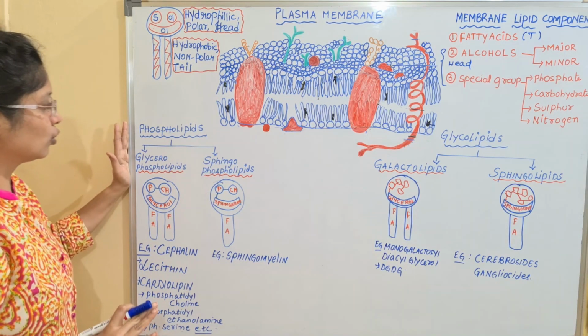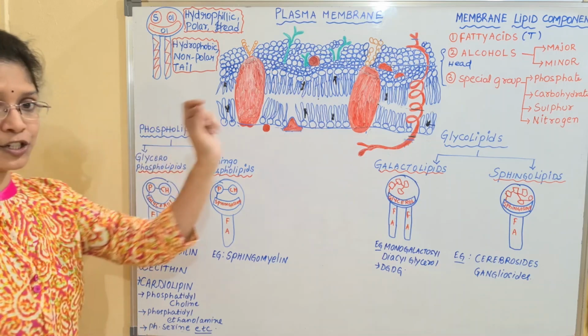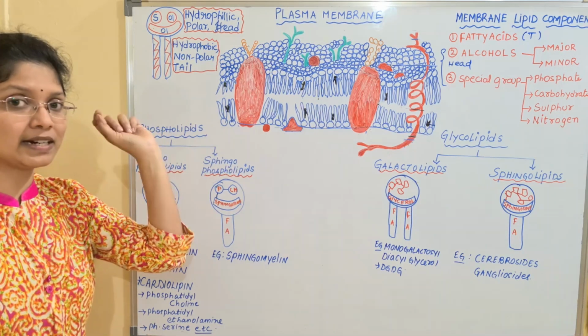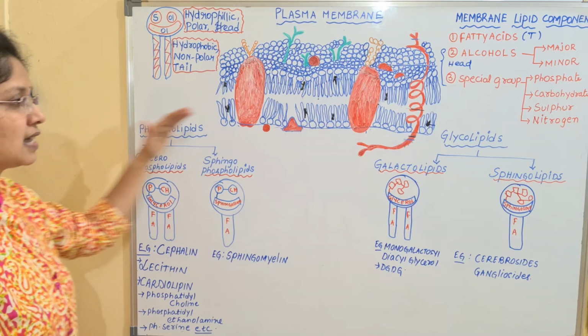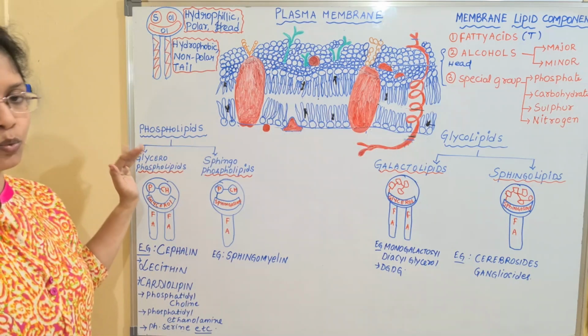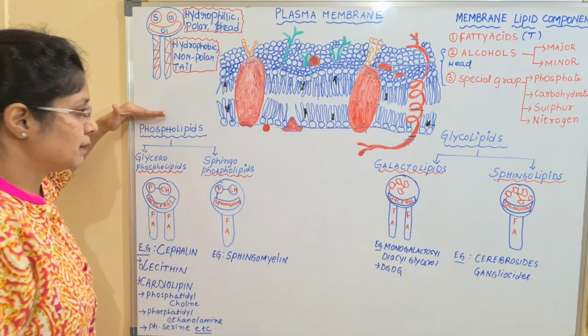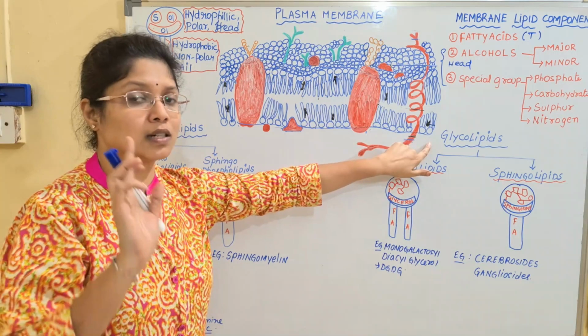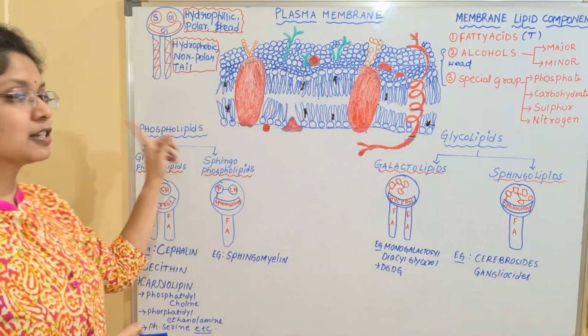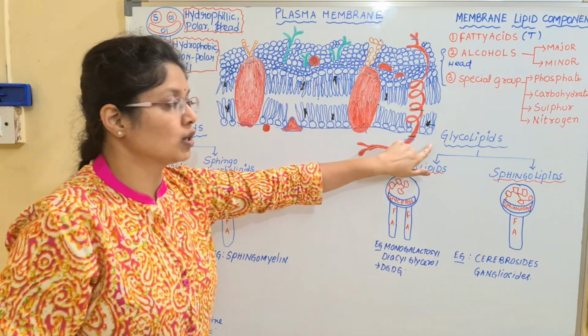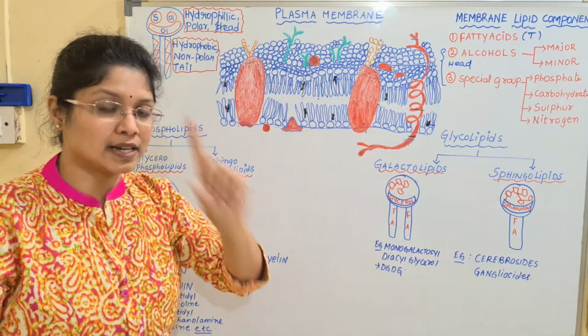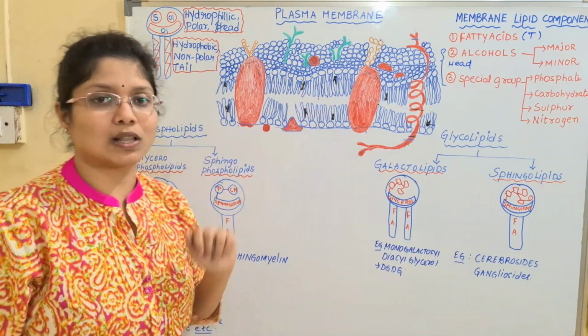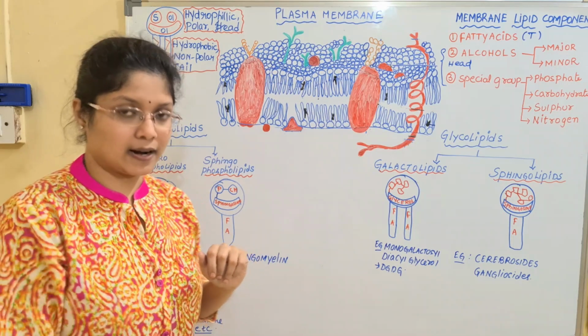So first I have told you, based upon the special molecule which is associated with the lipids, they are classified into two categories. What are the two categories? Phospholipids, and the other one is the glycolipids. Phosphate if it is attached, phospholipids, and glycolipids if carbohydrate is associated with the lipid molecules, we call them glycolipids, right?